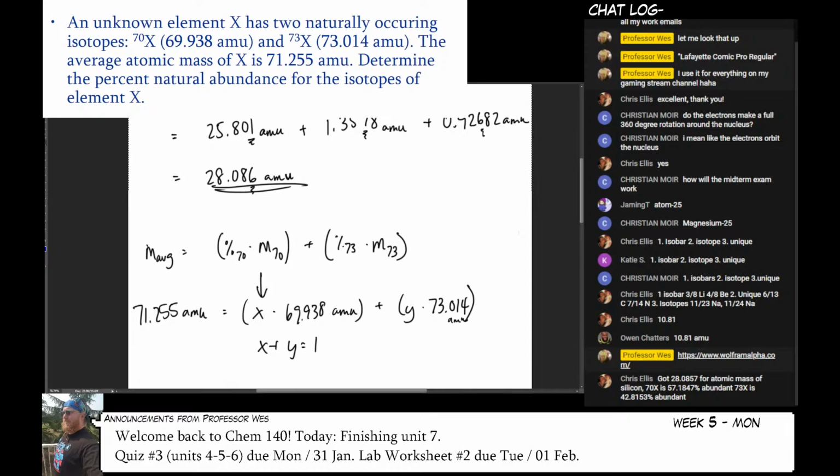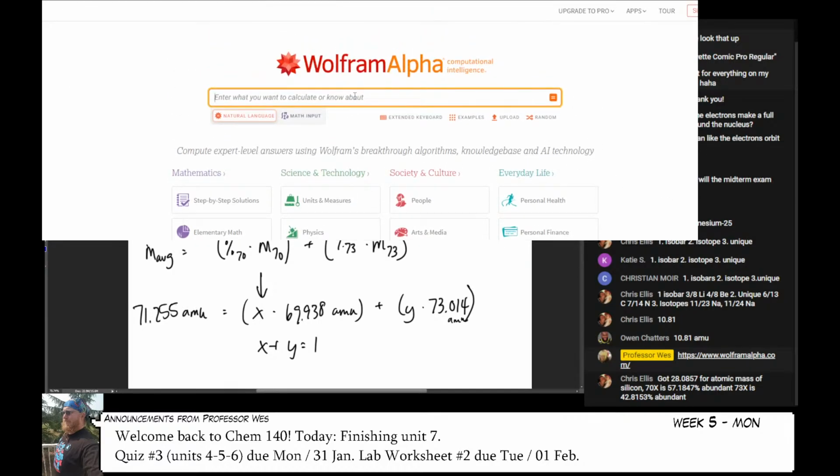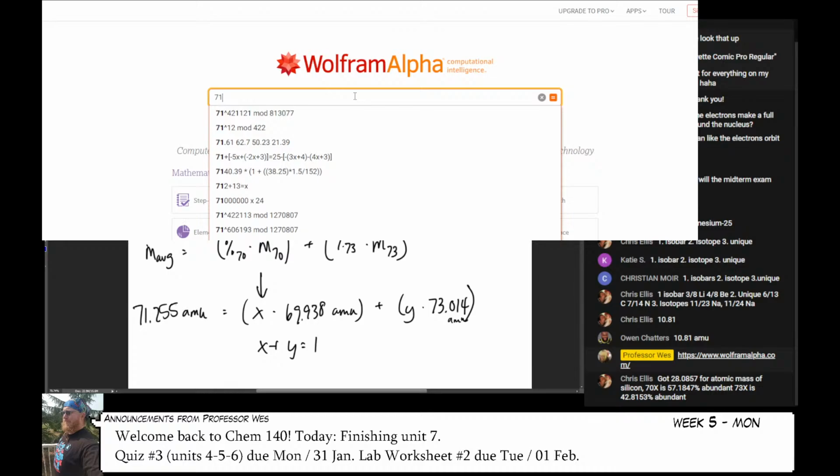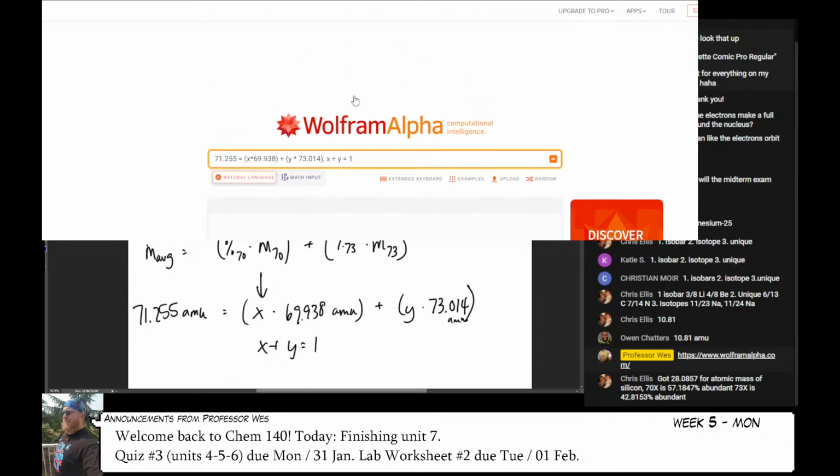So now we'll go to Wolfram Alpha, input all of that into the equation editor. So 71.255 equals x times 69.938 plus y times 73.014, semicolon, x plus y equals 1.